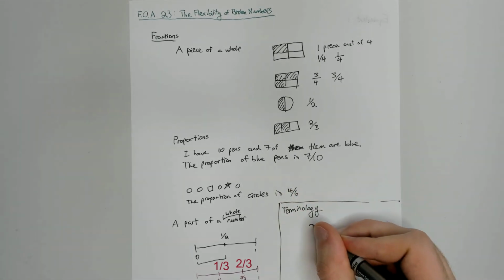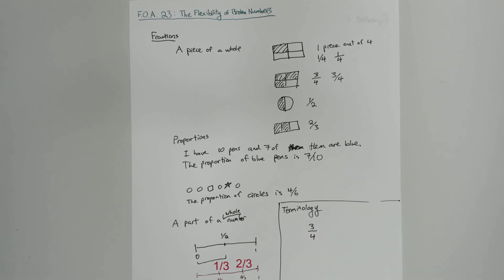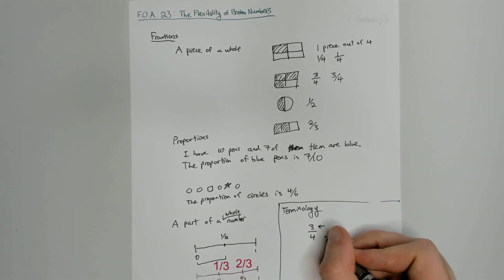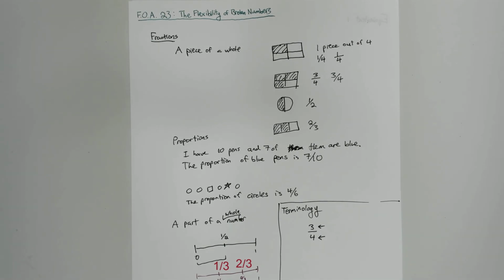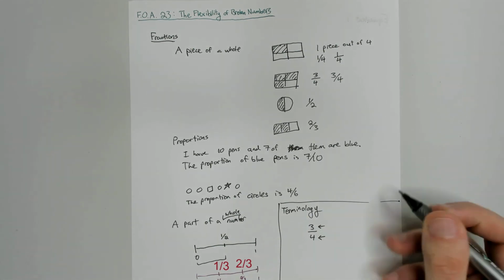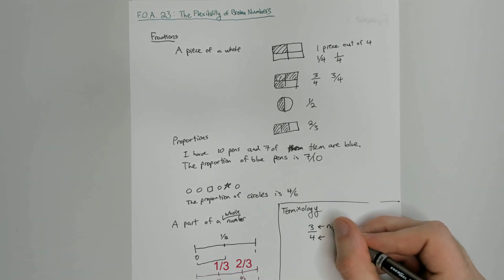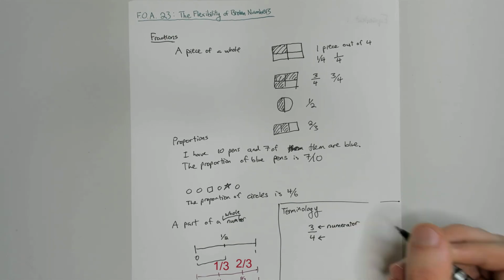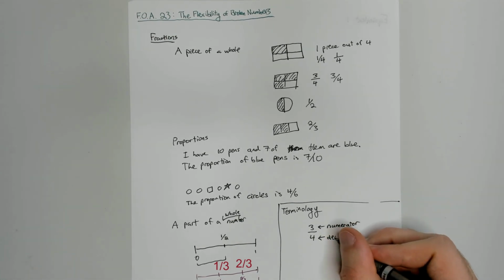And then one other thing to note with fractions is just a little bit of terminology. Let's say I have a fraction like 3/4. There's 2 parts to the fraction. There's the top of the fraction and the bottom of the fraction. And sometimes I'll just call it the top of the fraction or the bottom of the fraction, but there are official words that are used for these pieces of the fraction. So the top of the fraction is called the numerator, and the bottom of the fraction is called the denominator.